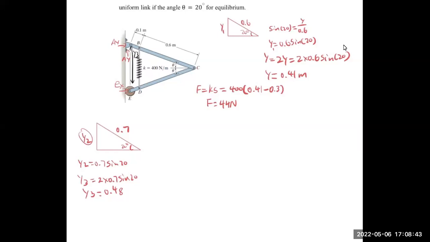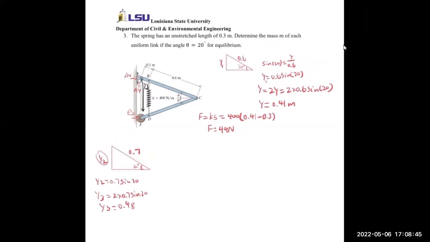Okay. Next thing we're going to do is go back to the problem. We can tell that the problem says determine the mass of each uniform link. So the mass, we know that for this rod, will always be at the center. So at the center, right here.